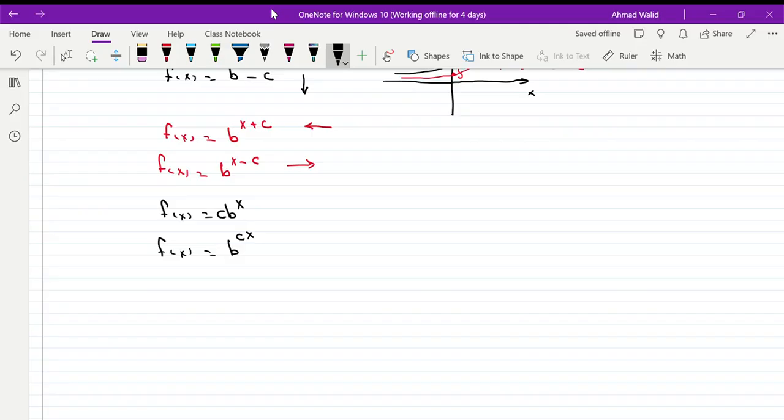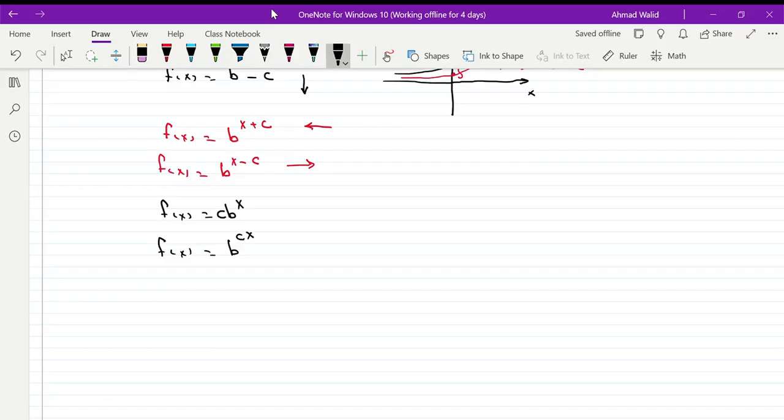We already learned how to do transformation or translation of a graph. We just apply that rule here when we talk about exponential functions. When you talk about quadratic, of course, you apply your rule on quadratic functions, correct? When we talk later about logarithmic, you can apply the rule on logarithmic functions, correct?